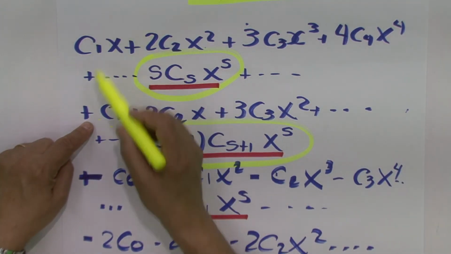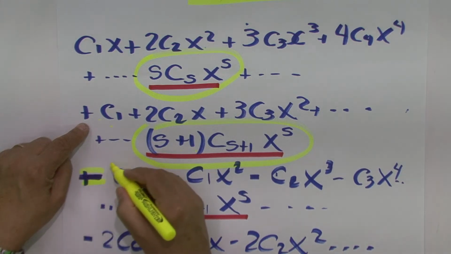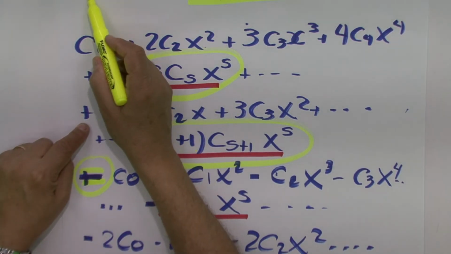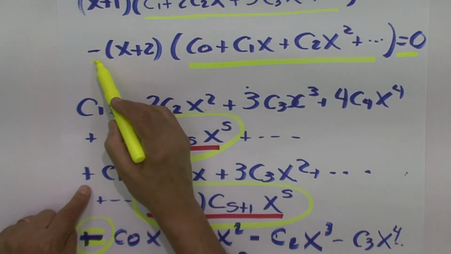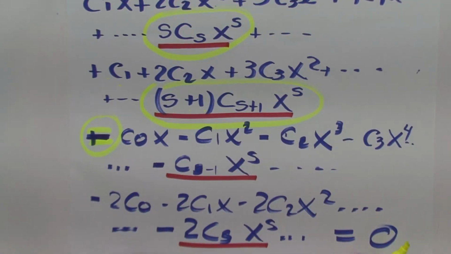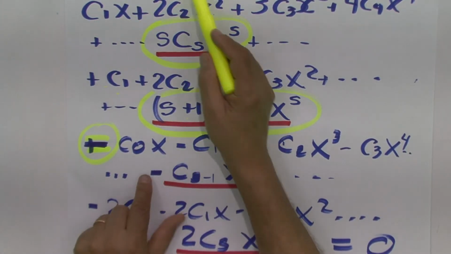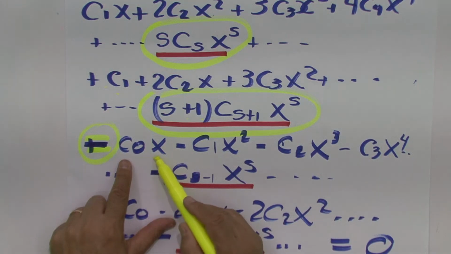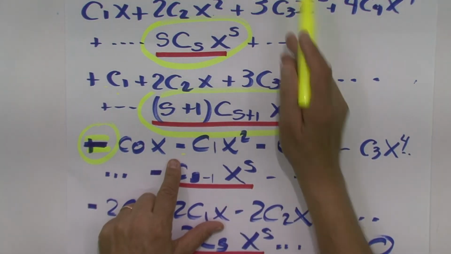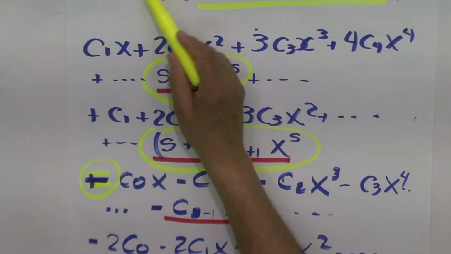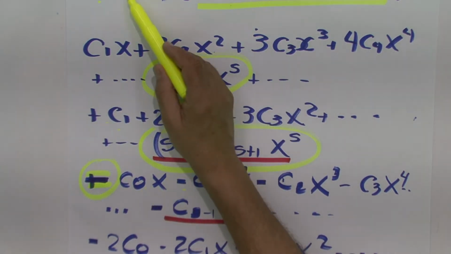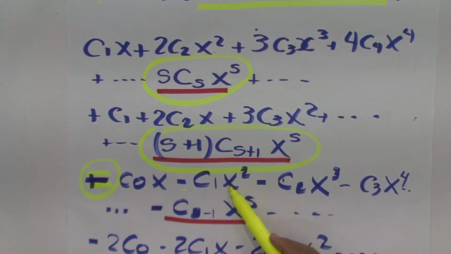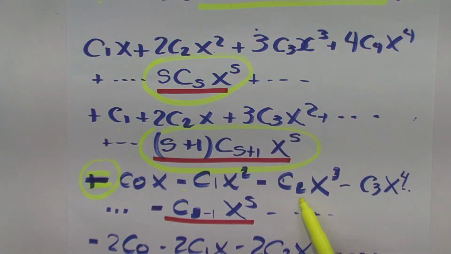Now I do the same here. So this is a minus here, we have to take into account. This minus, that is a minus here, we have to take into account. And the x times the series minus C0x minus C1x, see? x times C0, x times C1x, x times C2x, and so on.